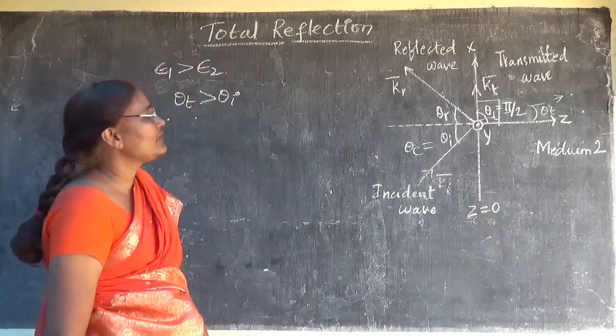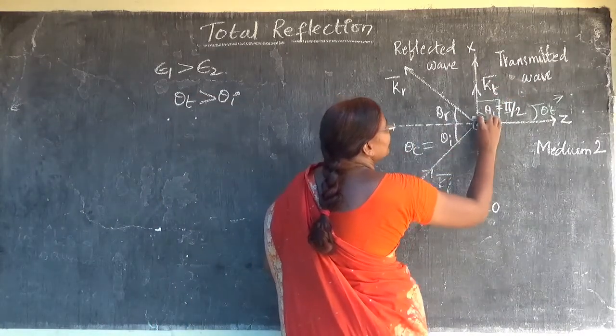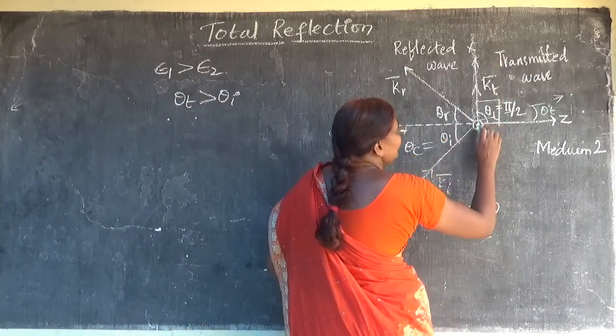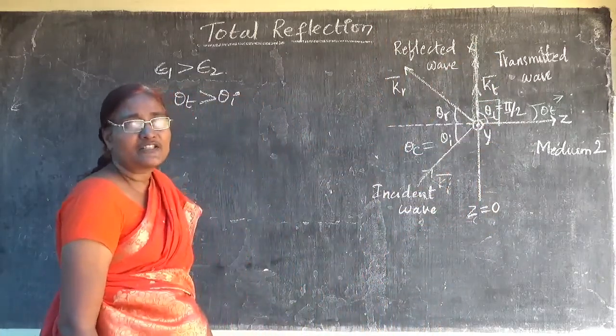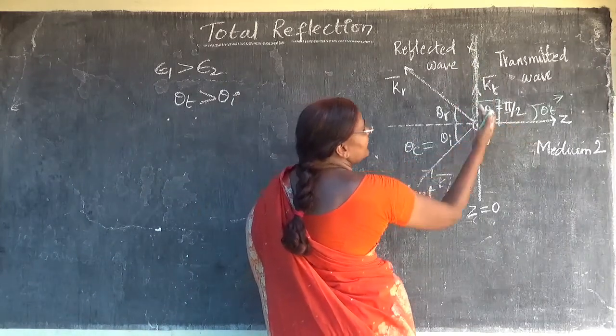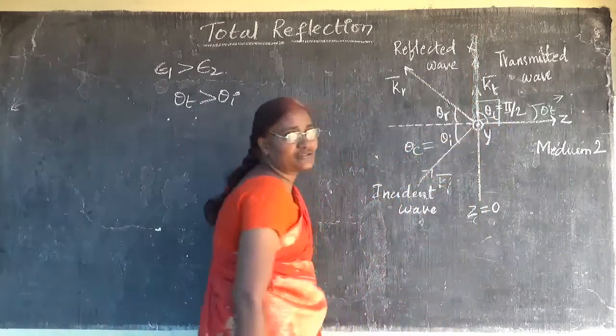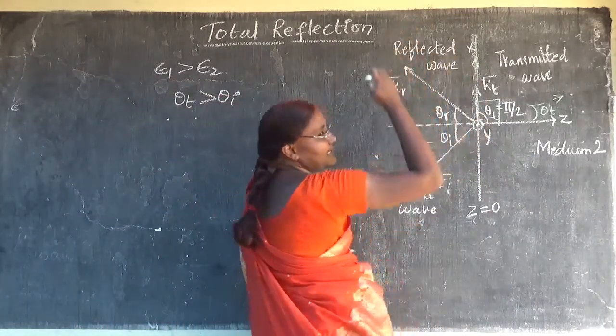The transmitted wave will be along the boundary, and it will start traveling in the direction of the x-axis.